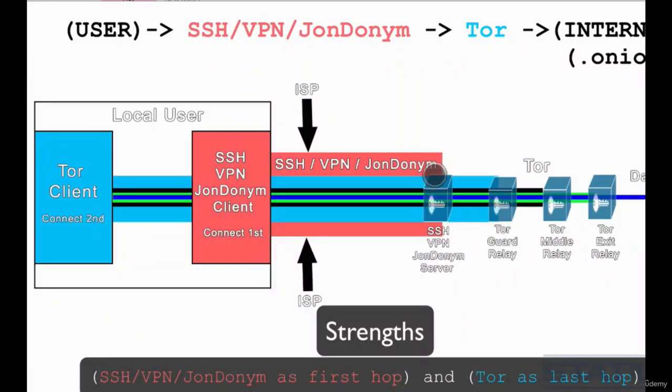Then the layer goes next like Tor guard relay and Tor middle relay, and finally the layer is stopped by the Tor exit relay.